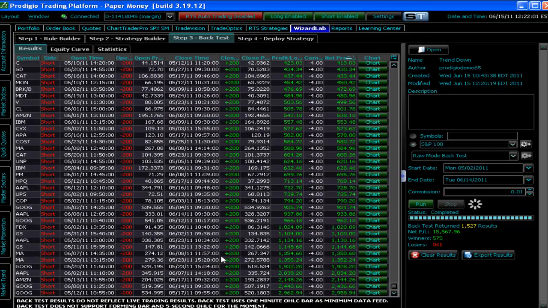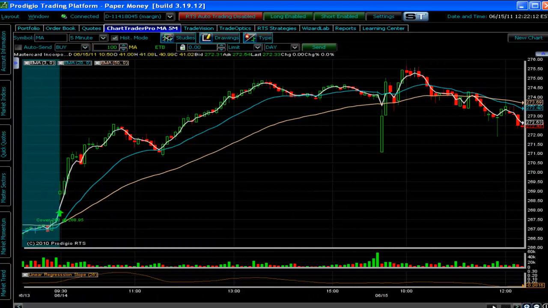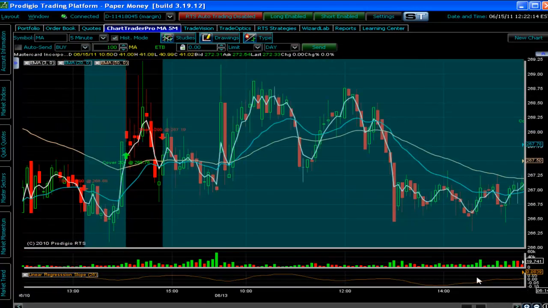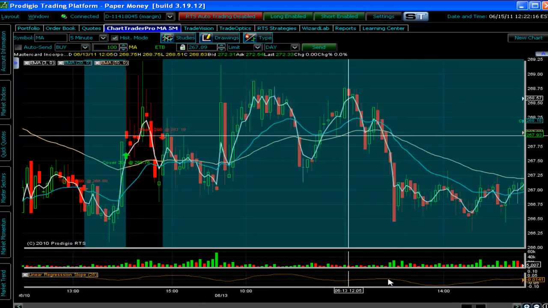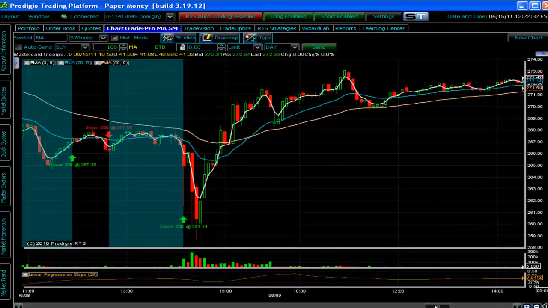Now the big winners at the bottom, the really big winners, notice some of these winners are very, very big winners. Let me take a look at, let's say, this MA short, for example. And what date was that on, actually? I have these sorted by net P&L, so this is the one that started on May the 20th at about 1:15.